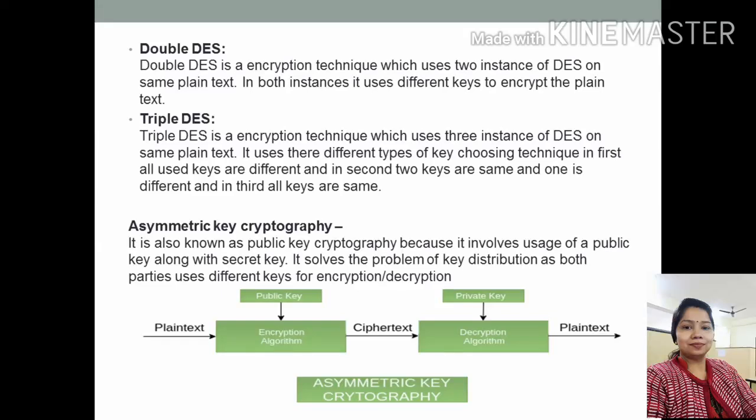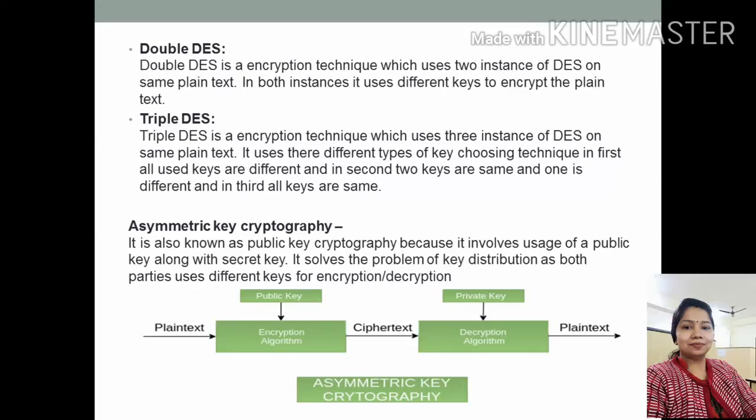Now coming to asymmetric key cryptography, where we do not use a single key. We use two different keys, that is one for encrypting and one for decrypting. Here we can see in a diagram that a plain text is given to the encryption algorithm, and the key which is used for the purpose of encryption is said to be the public key, and the key used for decrypting is the private key.